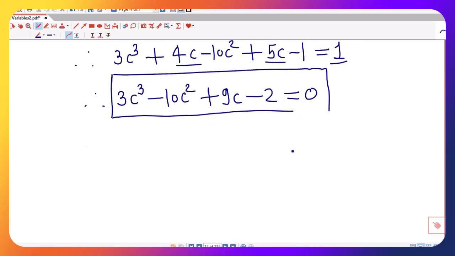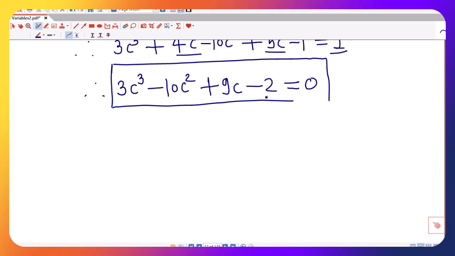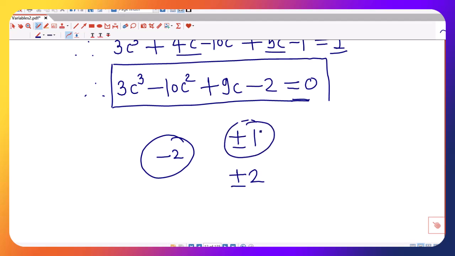We know that if we have this type of polynomial with integer coefficients, then one integer solution is always a divisor of the constant term. Here we have the constant term as minus 2. So the divisors of minus 2 are plus or minus 1 and plus or minus 2. First we try c equal to 1.